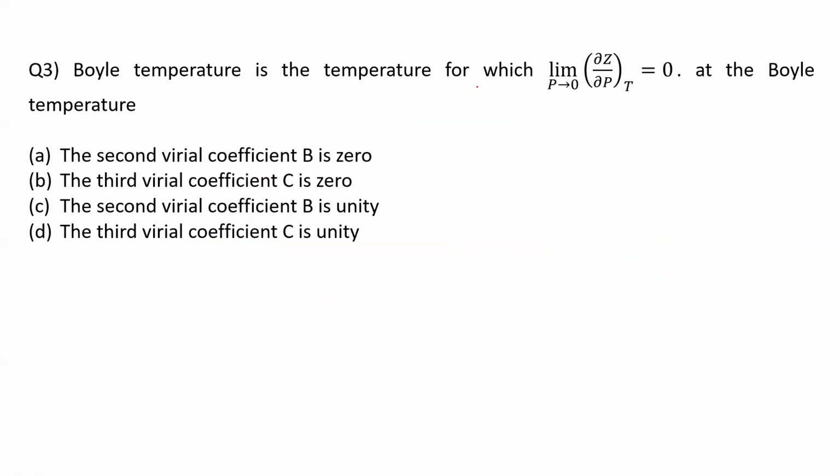Boyle temperature is the temperature for which limit P tends to 0 of ∂Z/∂P at T is equal to 0.